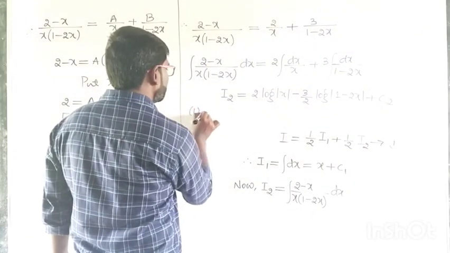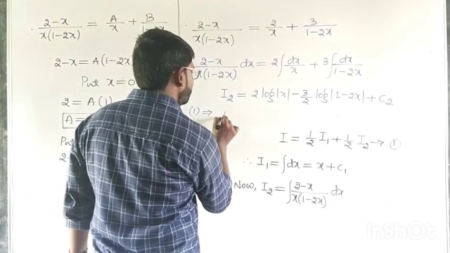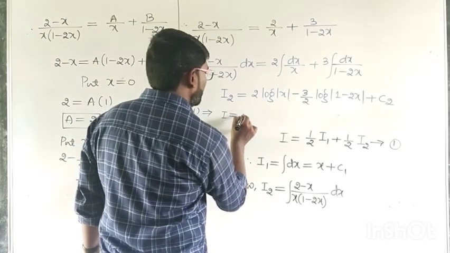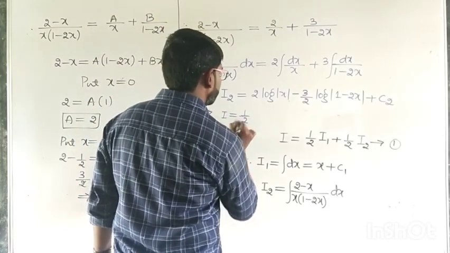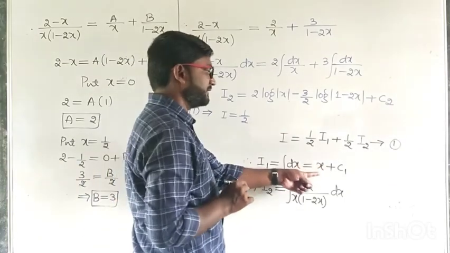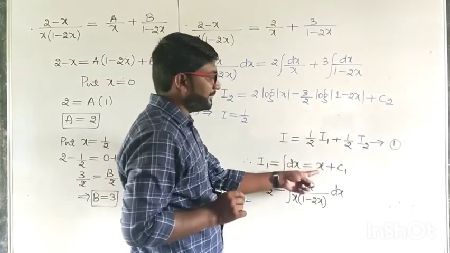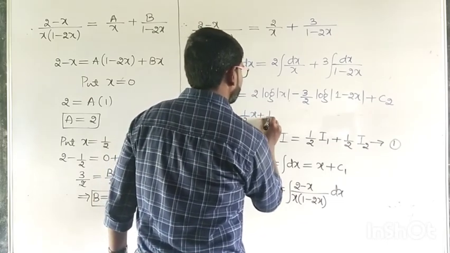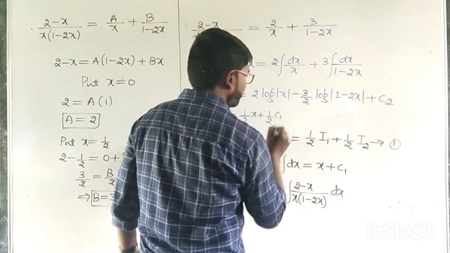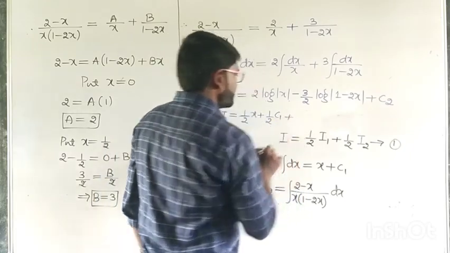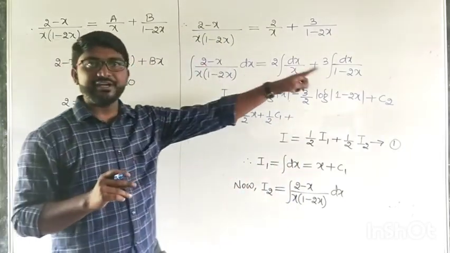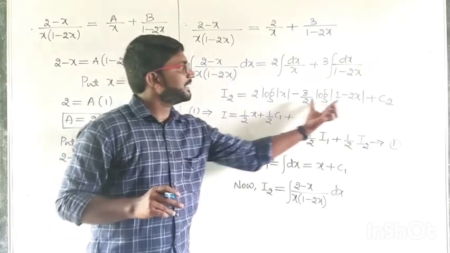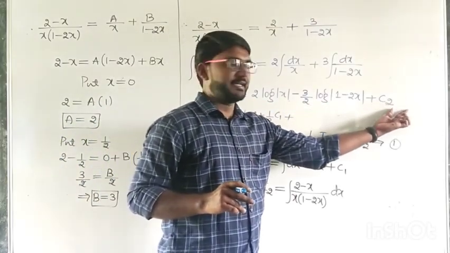So we have to substitute I1 and I2 in equation number 1. So equation 1 becomes I equals 1 by 2 into I1, and I1 will be this one now. So 1 by 2 will be multiplied to both the terms: 1 by 2 into x plus 1 by 2 into C1, plus 1 by 2 into I2. So 1 by 2 will be multiplied with all these three terms.